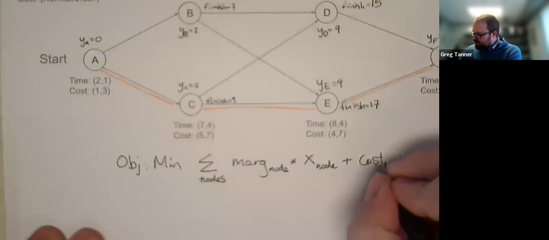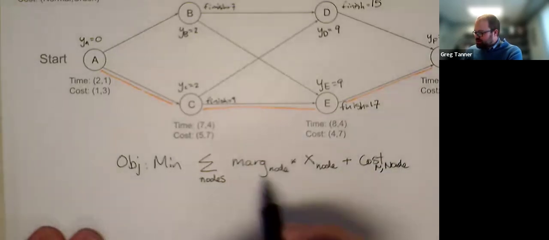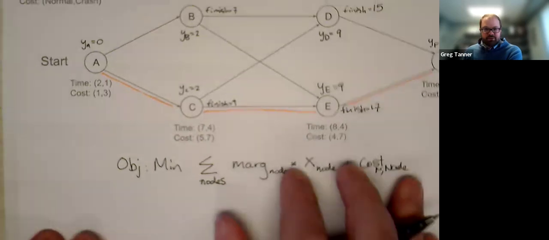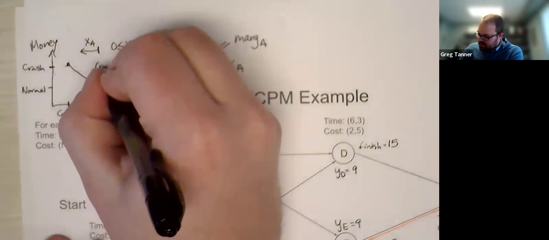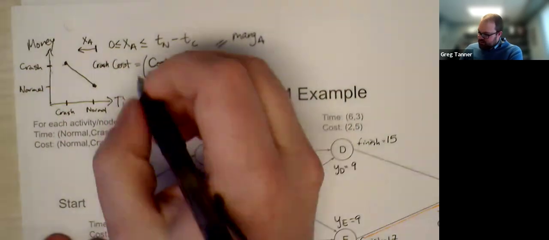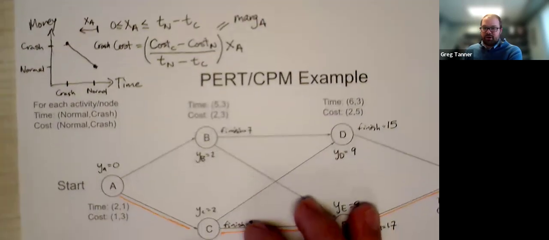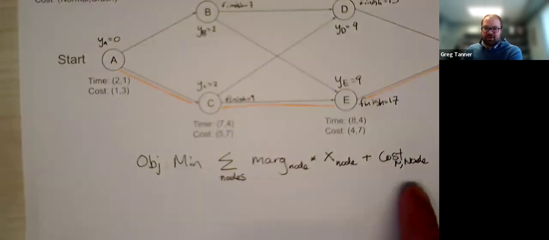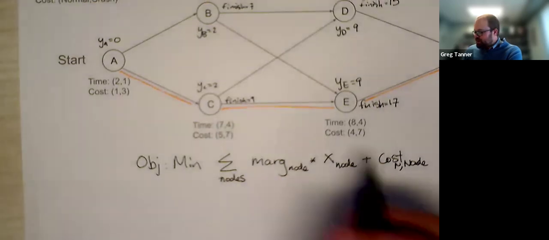I should put an N for normal cost there. So it's our normal cost plus the cost for crashing, and we want to minimize this.